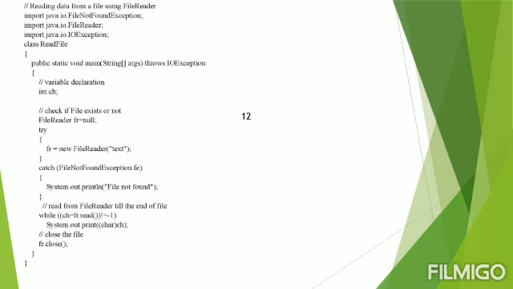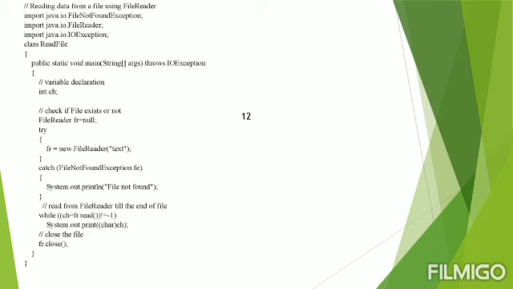Before opening a file for reading purposes, we have to make sure that the file has been created. By using FileReader, we'll read the particular file, and if there is any problem in the reading or writing operation, the IOException has to be thrown. So for that, I have used these three things.